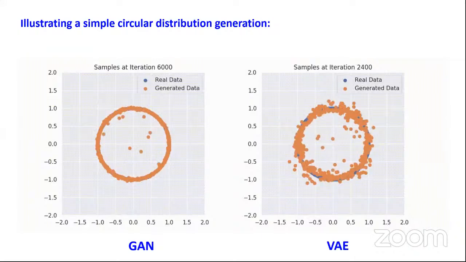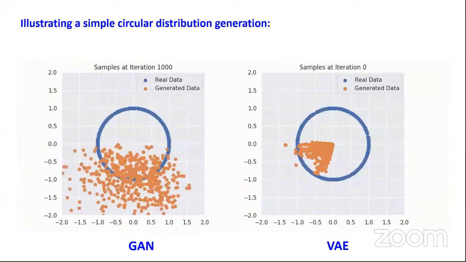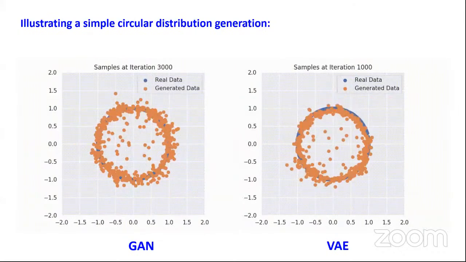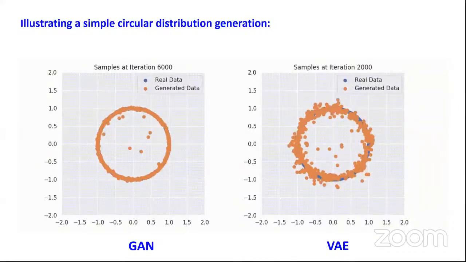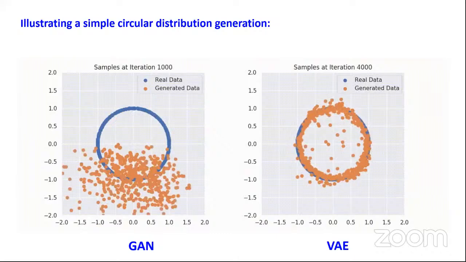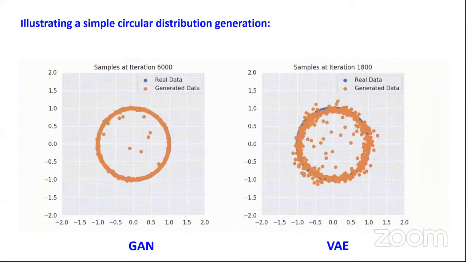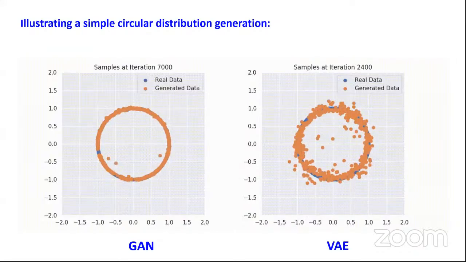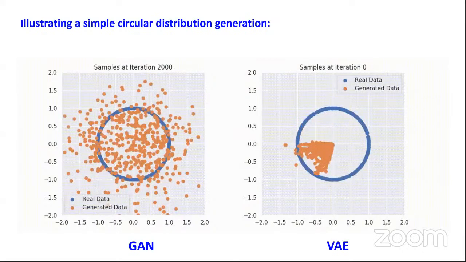We see how gradually the generated data captures and assumes the target data distribution. This is a simple illustration, and we can see GANs have quite fast adaptation to the target distribution as compared to variational autoencoders.